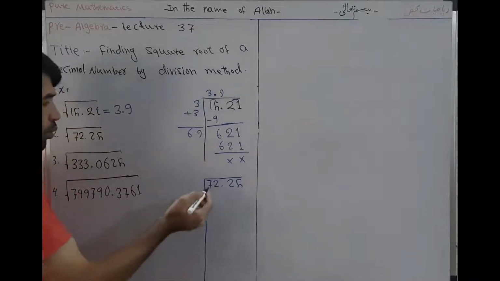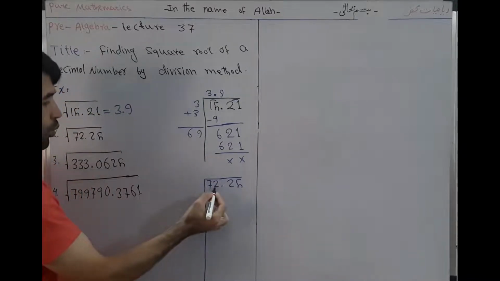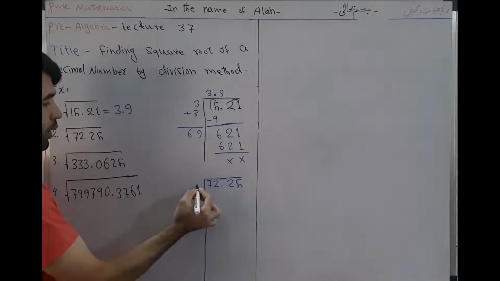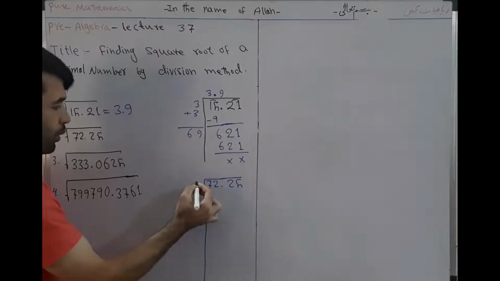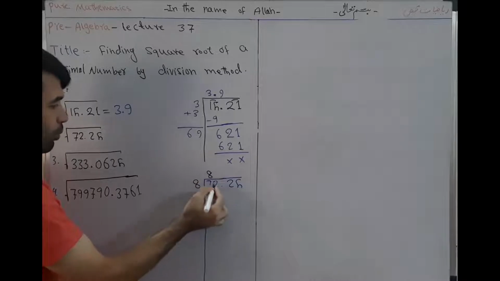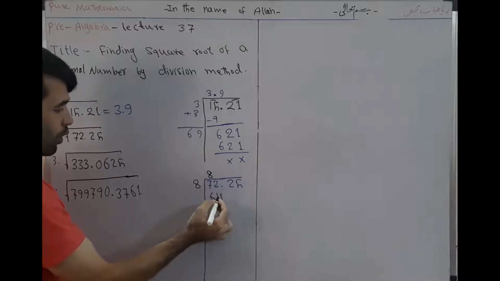We make groups first. For 72, if we put 9 multiplied by 9, it is equal to 81. Therefore, we have to put 8 here. 8 multiplied by 8 is 64.